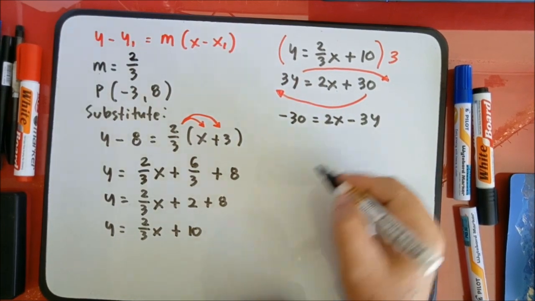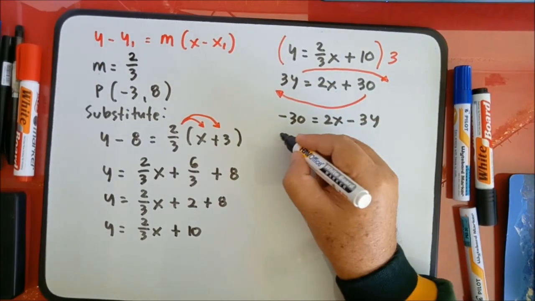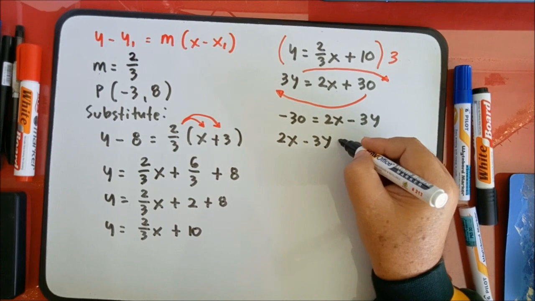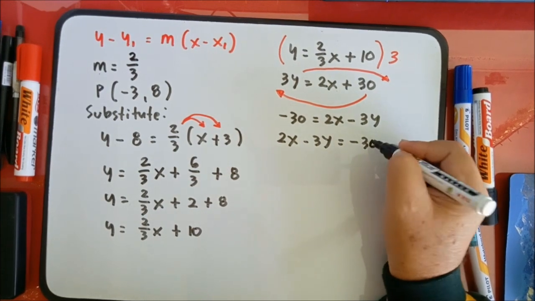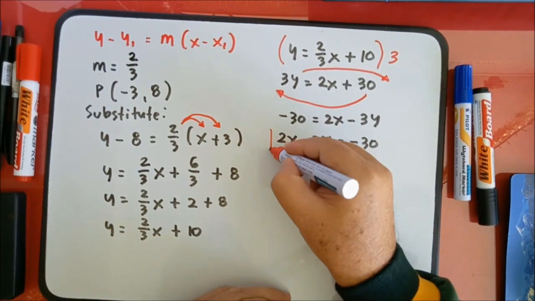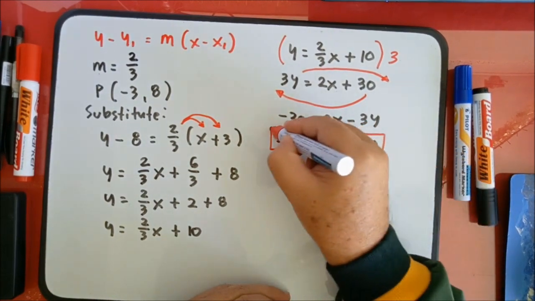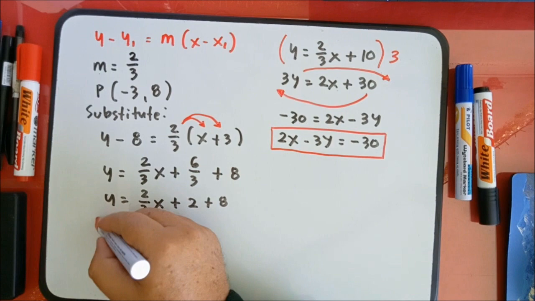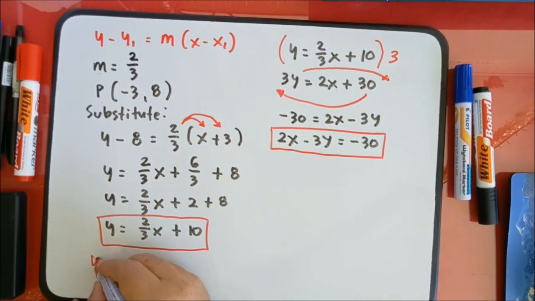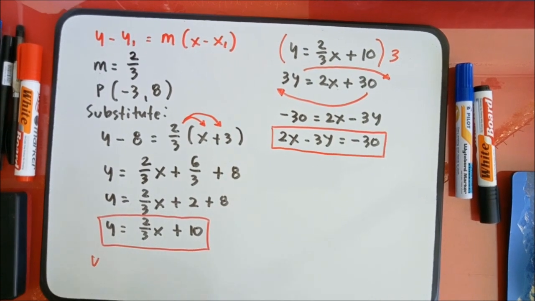Symmetric property of equality. Babaligtarin mo silang dalawa. Magiging 2x minus 3y is equals to negative 30. So, this will be your standard form. Okay? This is your slope-intercept form, sorry.